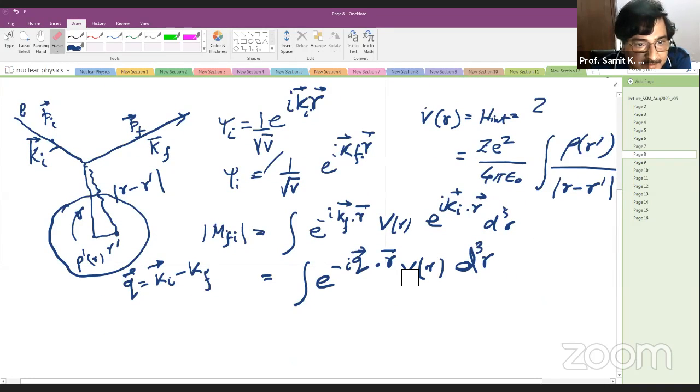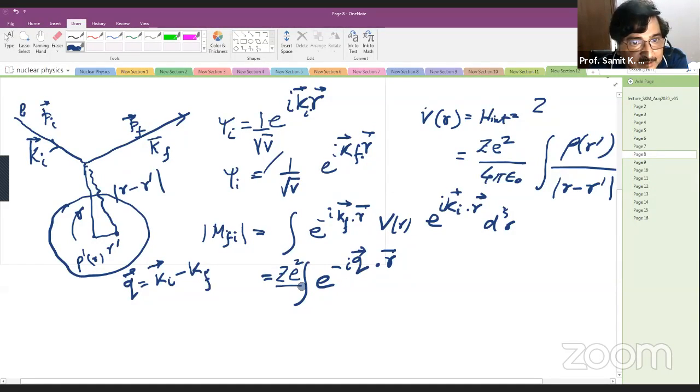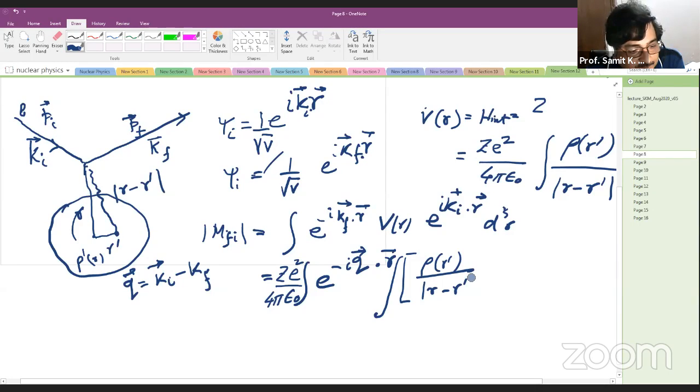So if I remove the V(r) here and insert this value, then you have Z squared e squared divided by 4 pi epsilon 0, and you have this quantity and another integration, because another integration will come, where rho(r prime) by |r minus r prime| d^3r prime d^3r.